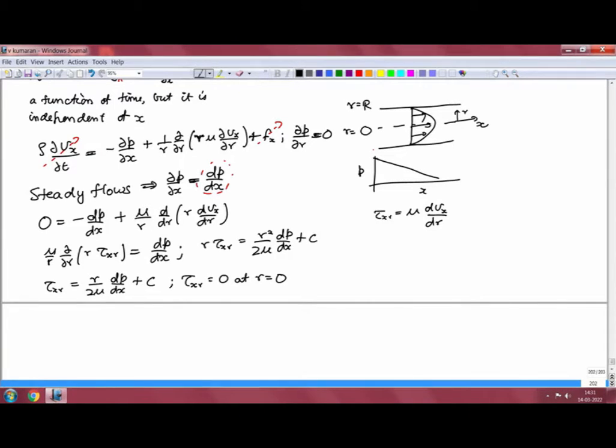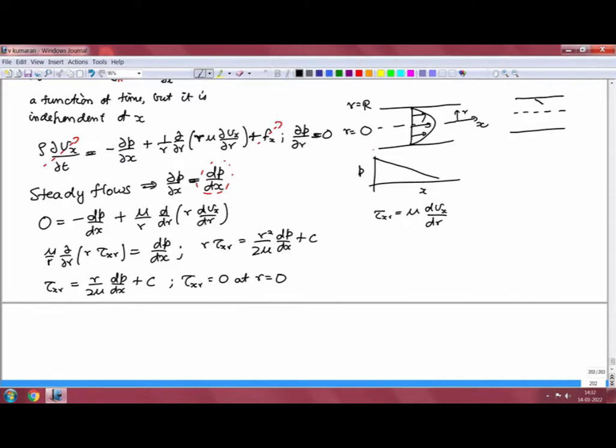At r is equal to R, we know that there is the no slip condition for the velocity. The velocity at the wall of the pipe has to be equal to 0 from the no slip condition. What about at r is equal to 0? If you recall, we had derived a symmetry condition.